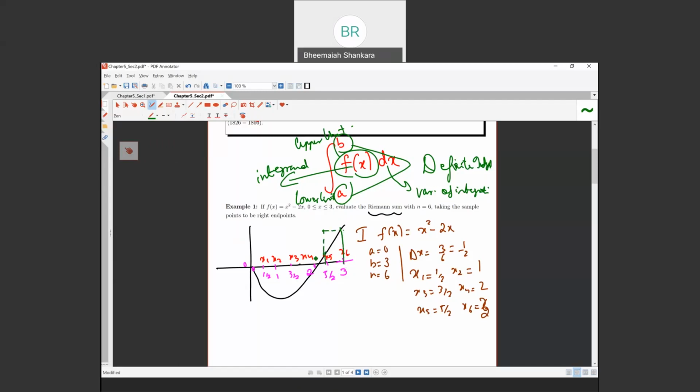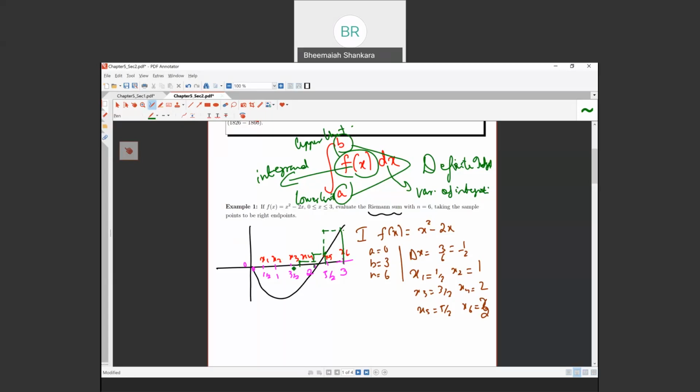Draw a vertical line from 2, joining the curve, and again you're seeing an overestimate. For this one, you again draw a horizontal line and then you see an overestimate.